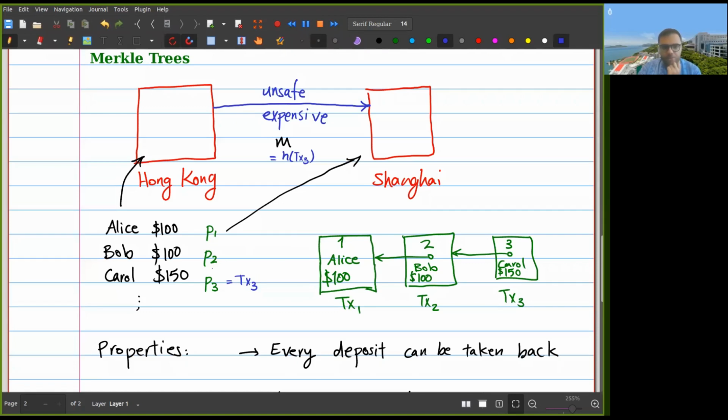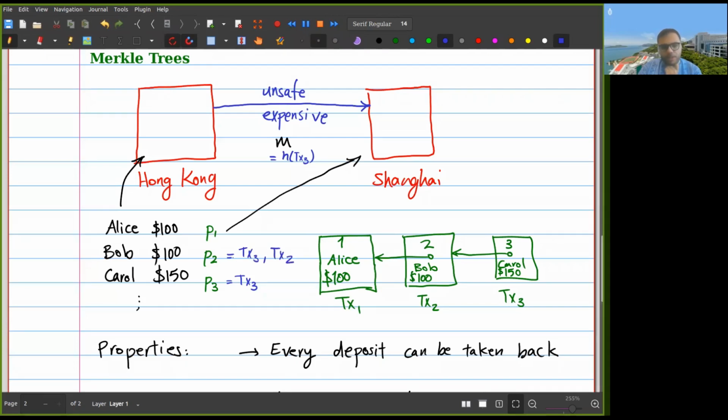So in order to prove that his deposit is somewhere in this ledger, Bob actually has to provide not only his own transaction, but also Carol's transaction, right? So the proof that Bob has to provide is actually Carol's transaction and also his own transaction.